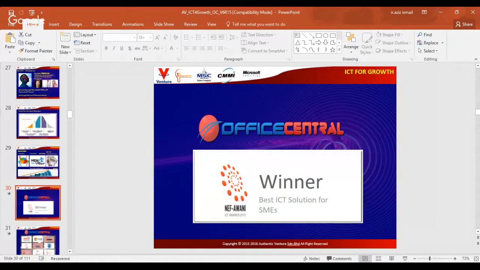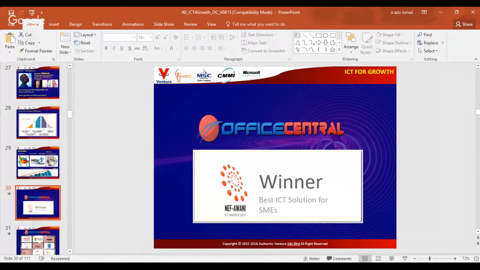And a little bit about the product itself, Office Central. Office Central has tools inside it. One of them is, of course, customer relationship management, but Office Central also has accounting, human resource, payroll, and many other small products like distribution management, finance management, loan management, and all that.